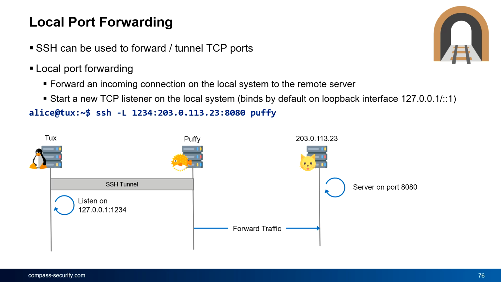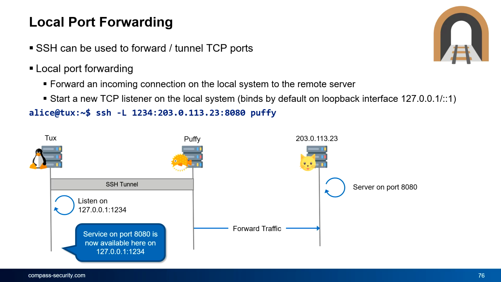And every time we connect to the local listener on our host, this traffic is forwarded through the SSH tunnel to the Puffy host, and from there forwarded to the remote host. And this would now allow us to access the server on port 8080 via the Puffy host.